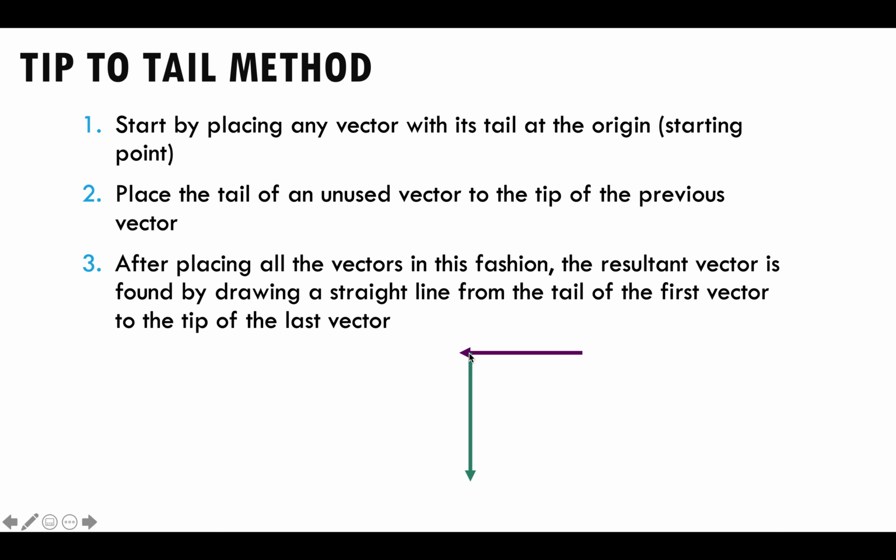Then if my next vector says to go south by a certain amount, I start where the other one ended. So this one ended here, and then I go tail to tip. And then if my next vector says go to the left by a certain amount, I go that direction again, starting where I left off and ending. Then my resultant vector is going to connect from where I originally started to where I ended.